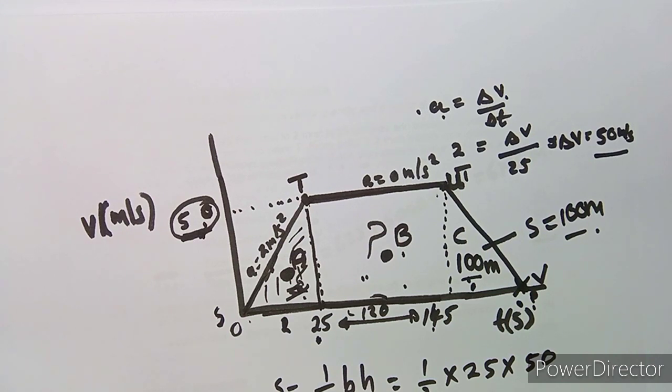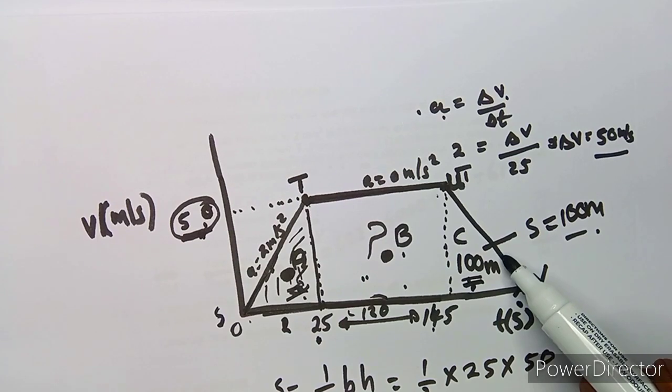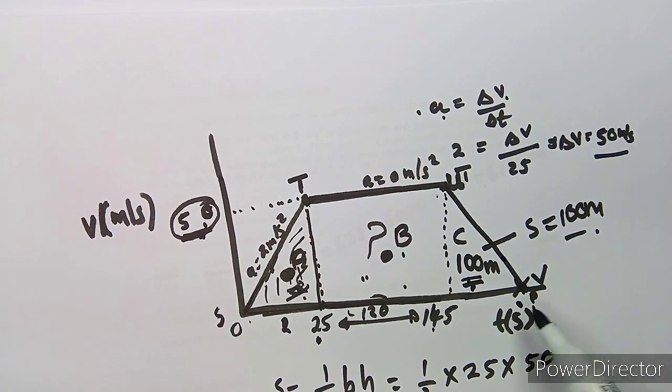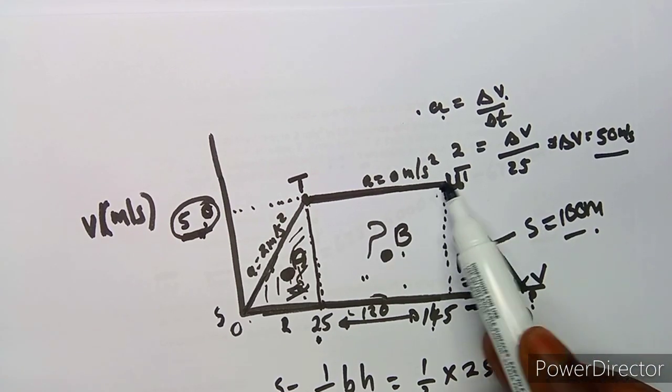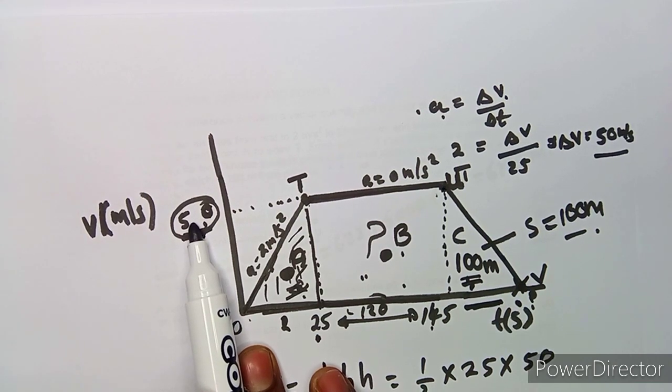We actually know that from u to v here we are given the distance. What we do not know here is the acceleration, and we also do not know the time that was taken, but we know that the initial velocity from u to v is the velocity at 50 meters per second.